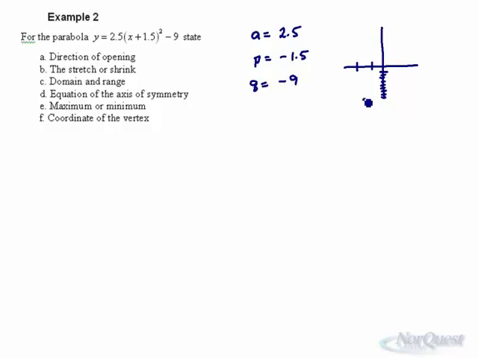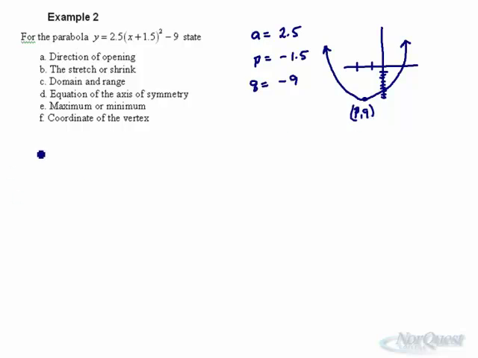So it would be down here if I wanted to do a sketch. And since it opens up, there's going to be my parabola. Not the greatest looking parabola, but you get the gist of what I'm discussing here. This represents our vertex, PQ.